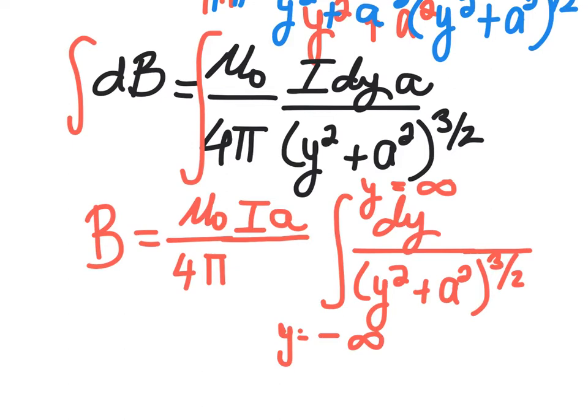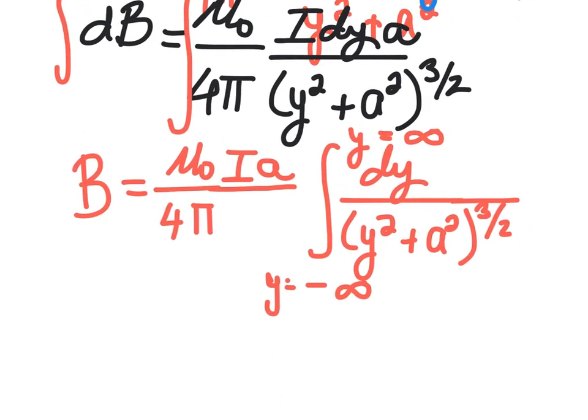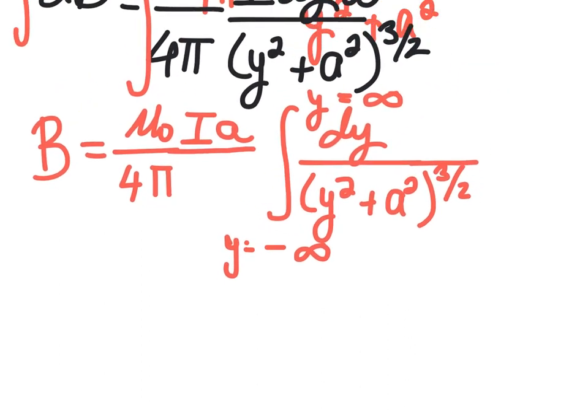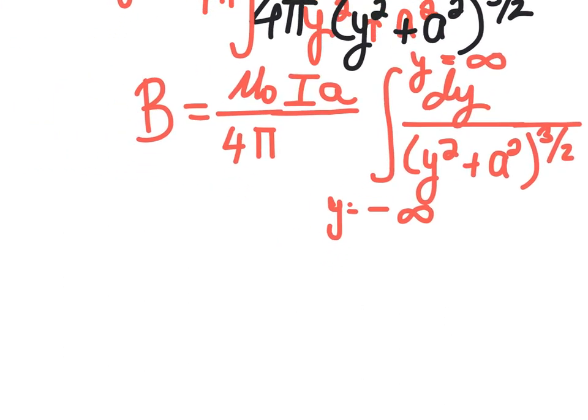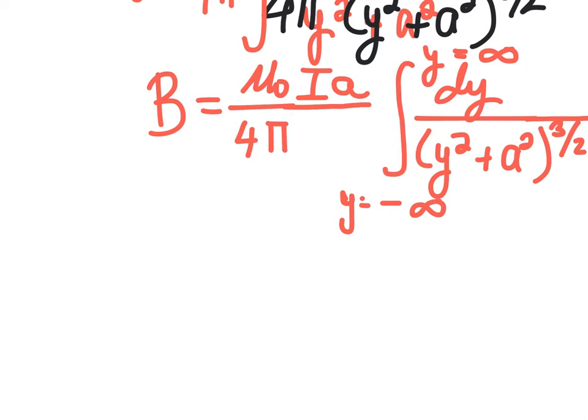Okay, now this is an improper integral with infinite limits, and it's a challenging integral to actually integrate. So I'm going to show you the solution to this, and right now it's going to be sort of magic, but you can always prove these on your own.